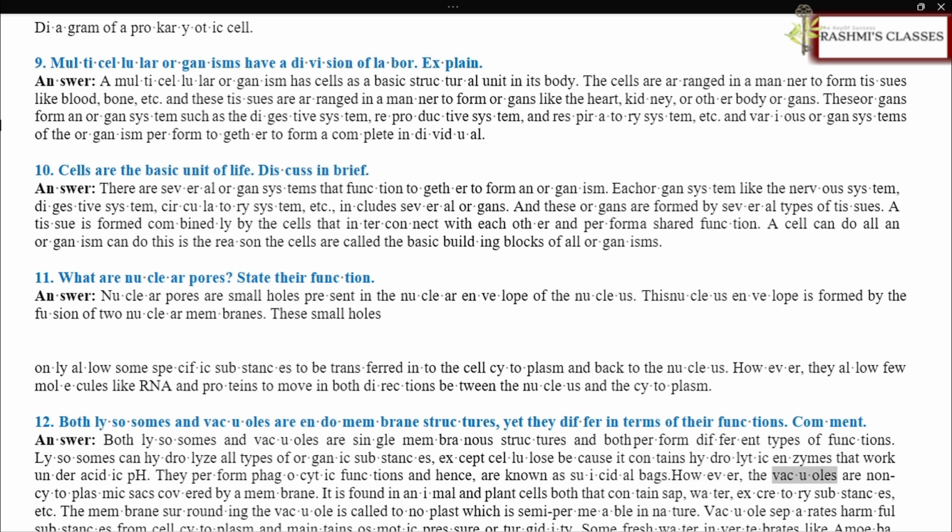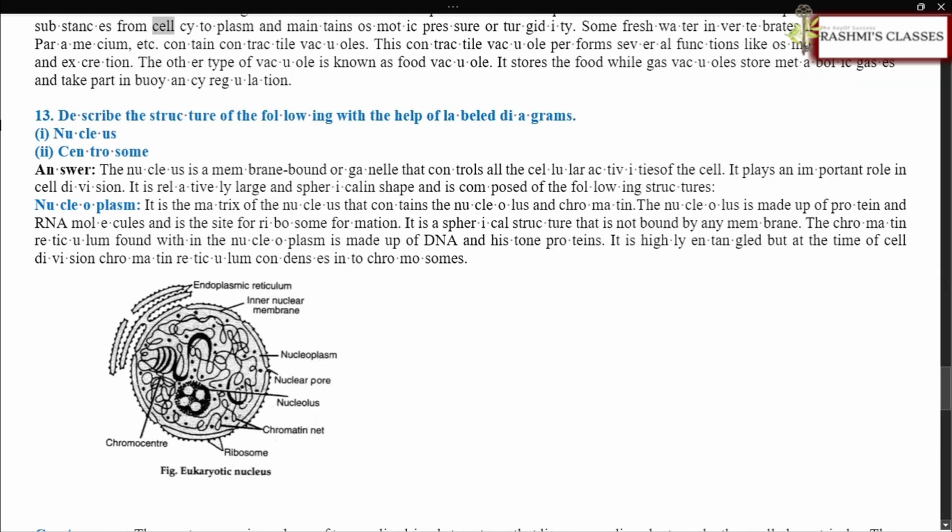However, the vacuoles are non-cytoplasmic sacs covered by a membrane. It is found in animal and plant cells both that contain sap, water, excretory substances, etc. The membrane surrounding the vacuole is called tonoplast, which is semi-permeable in nature. Vacuole separates harmful substances from cell cytoplasm and maintains osmotic pressure or turgidity.